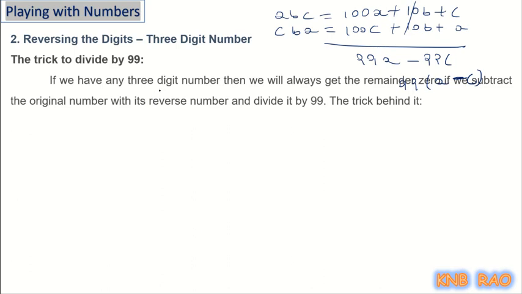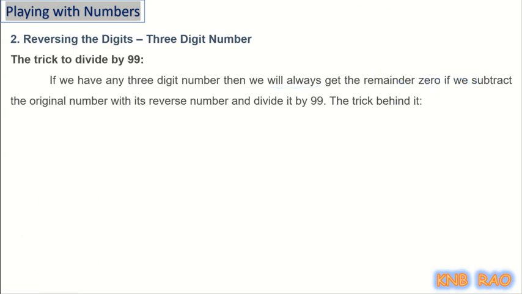Here, if we have any 3 digit number, then we always get the remainder. Let me wipe out what I have written. Here we have the remainder 0 if we subtract the reverse number from the original number and divide it by 9.